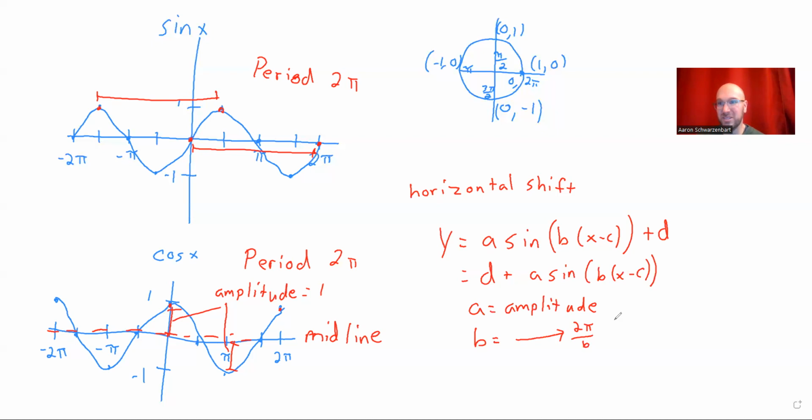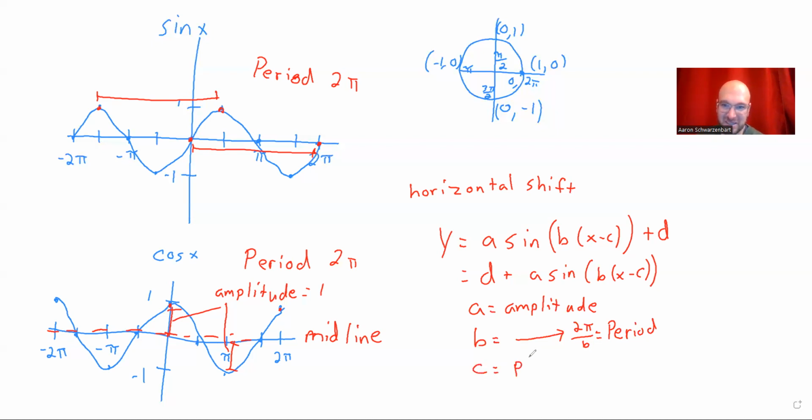B is like the horizontal stretch or compression. So we're going to actually see horizontal stretch as we're going to shrink our waves and we're going to expand our waves. Period is how far does one wave go? The default is 2 pi, that's why it's 2 pi over B.